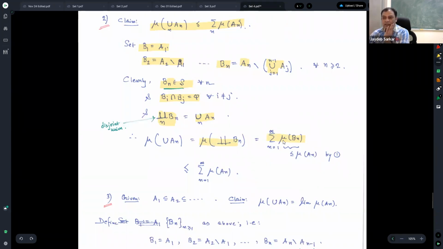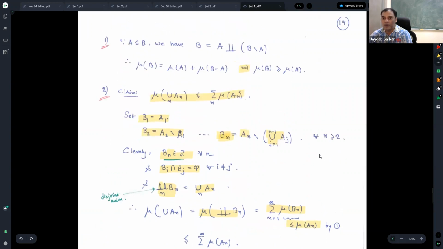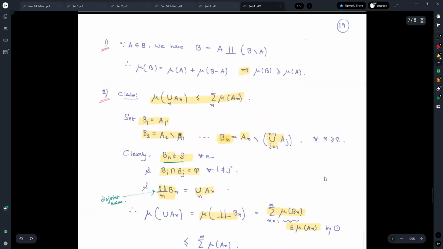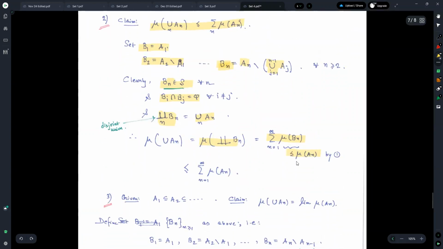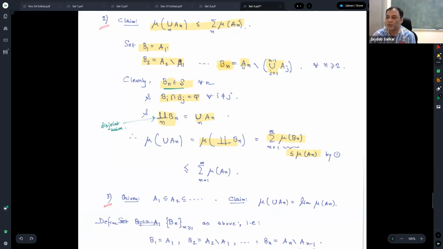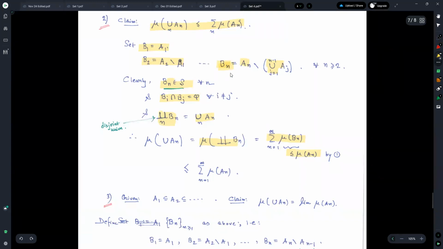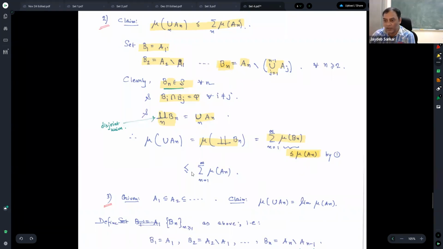And finally, the measure of Bn is dominated by the measure of An by part 1. Do you see that? Bn is a subset of An, that's right. So this is dominated by the measure of An, and hence you get this inequality.